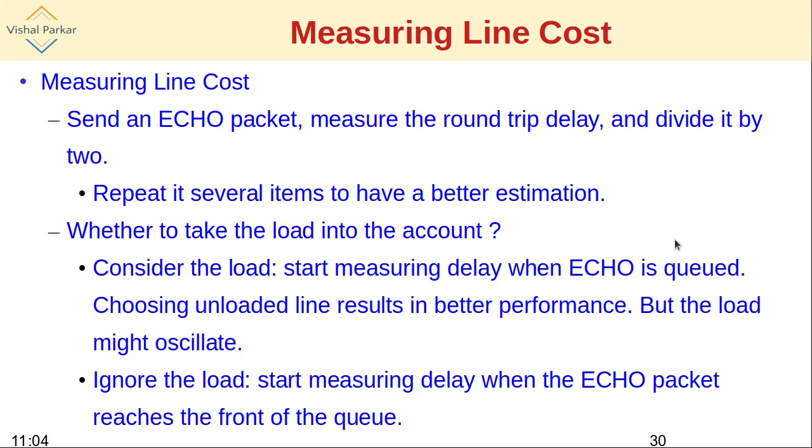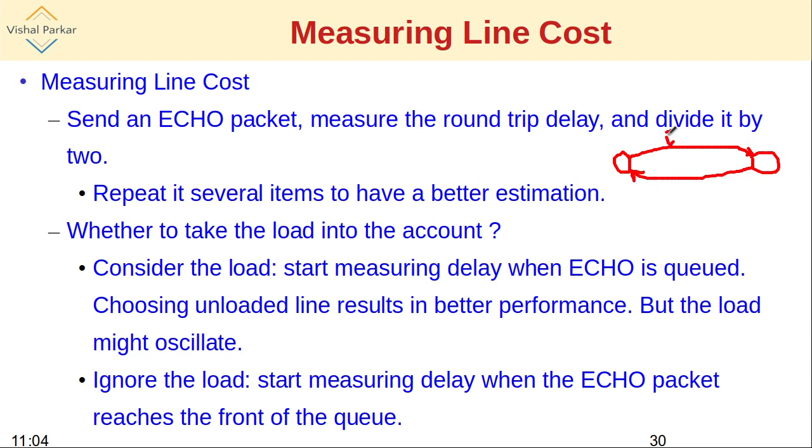Let me try to show you. Well, this is one router, the sender, and this is one of the destination routers. So whenever that echo packet is sent, the destination will send the reply back to the sender.